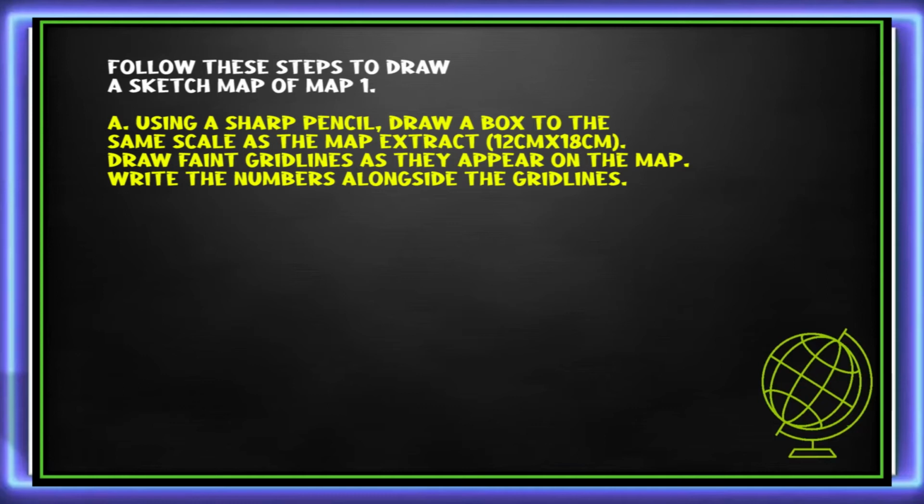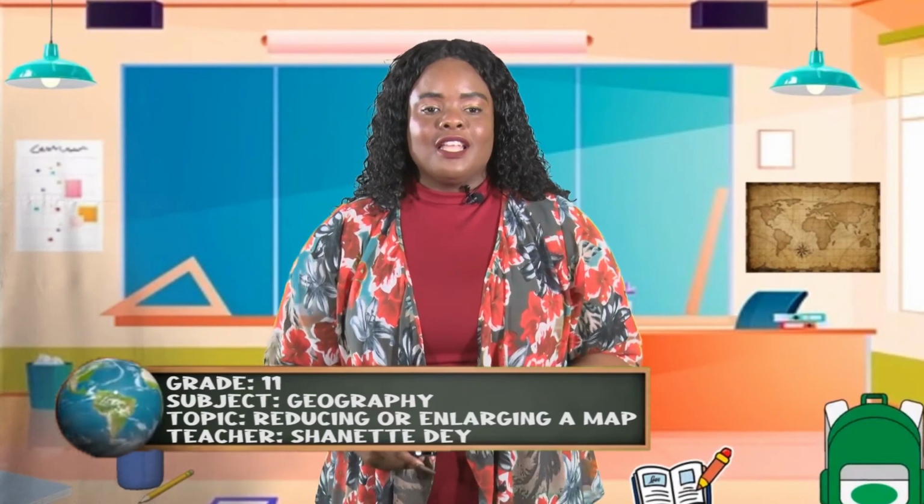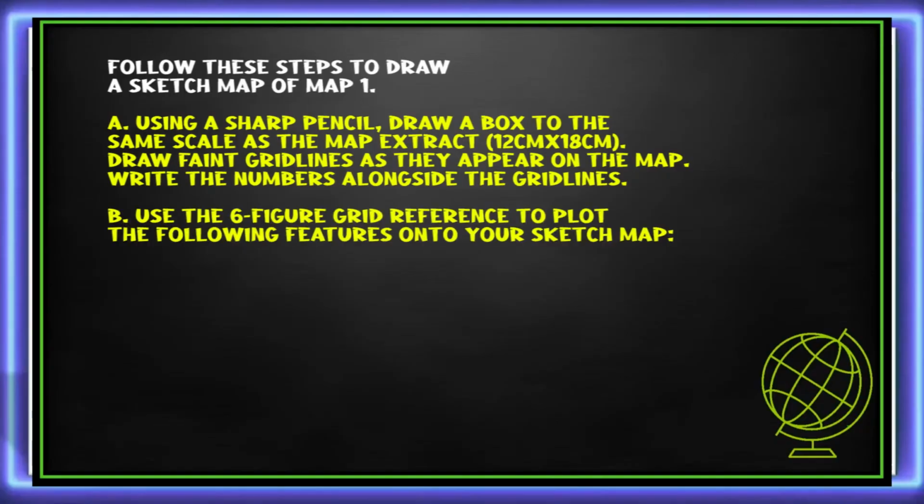Now you're going to draw a faint grid line as they appear on the map. Write the numbers alongside the grid lines. Now remember from our lessons in 4-figure and 6-figure grid referencing, this should be easy for you. But we're going to be focusing on 6-figure grid referencing. So use a 6-figure grid reference to plot the following features on your sketch map.